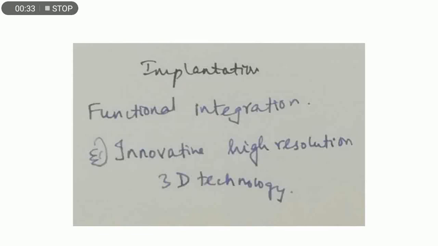So implantation is the main key, meaning we have to restore the functional integration of the particular tissue we are dealing with, for which we have an innovative high resolution 3D printing technology available. Functional integration is the success of the entire tissue engineering technique.